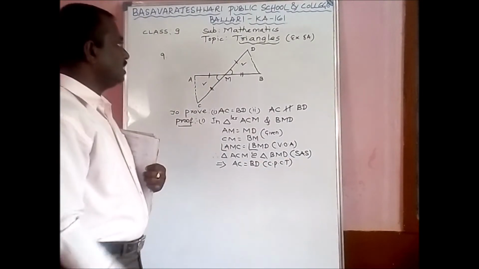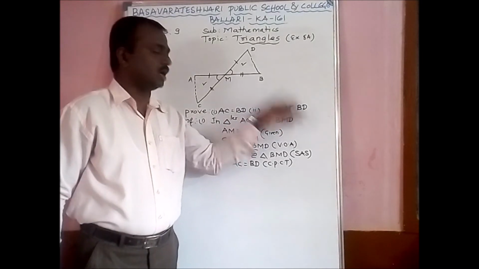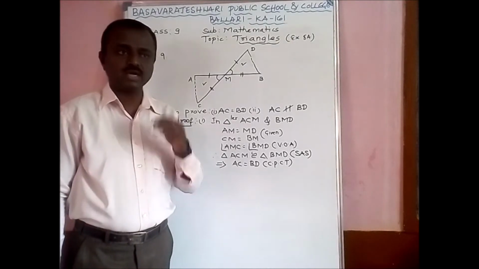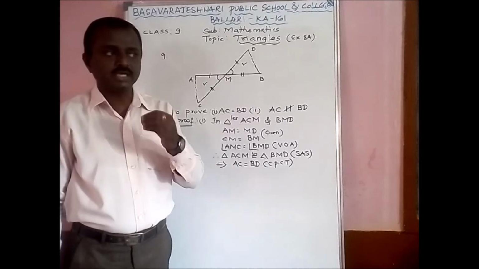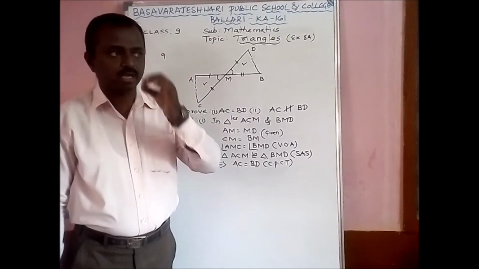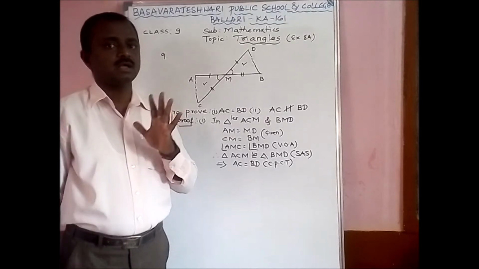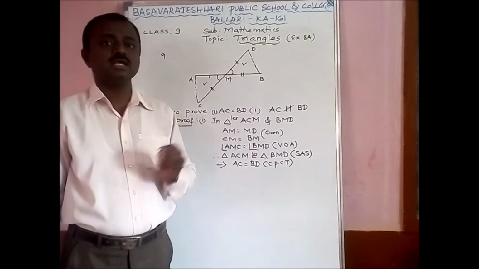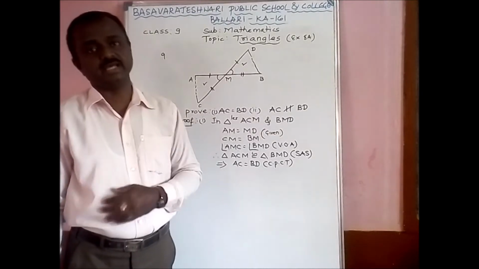Now, second part, if you consider, AC should not be parallel to BD. I told in the previous classes, what is the condition for parallelism? Either alternate angles should be equal, or a pair of corresponding angles should be equal, or the sum of the co-interior angles should be equal to 180 degrees.